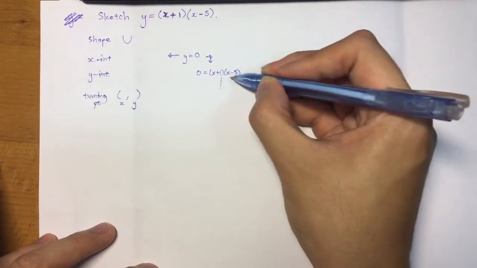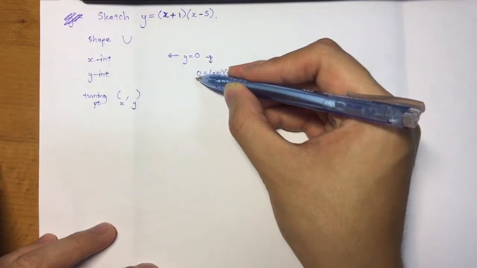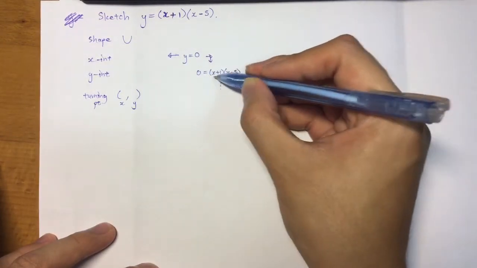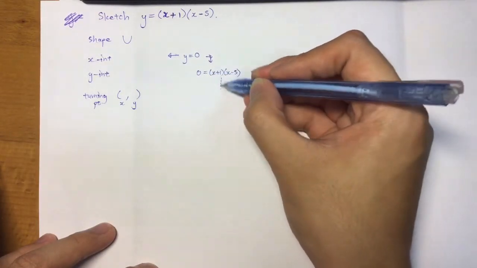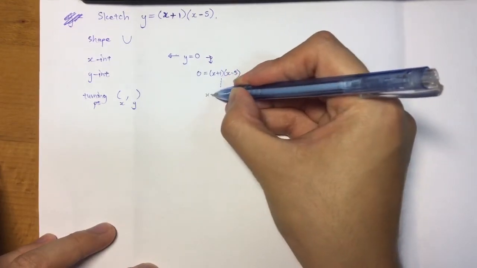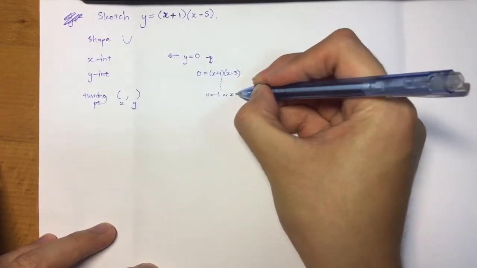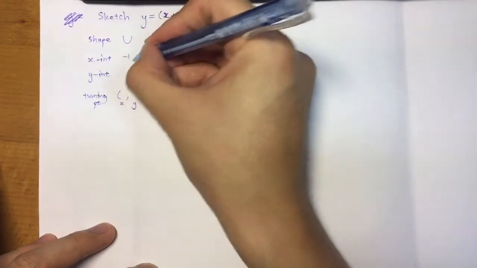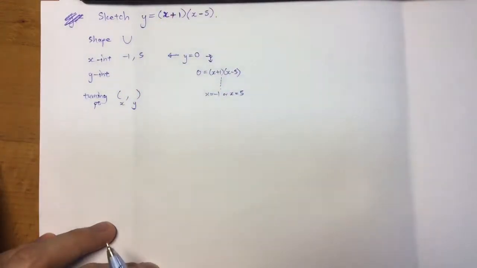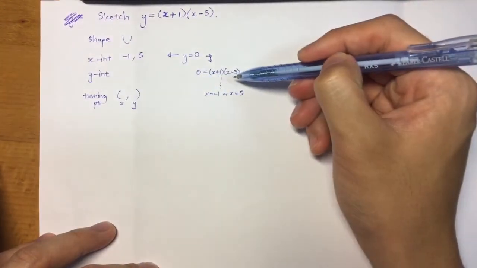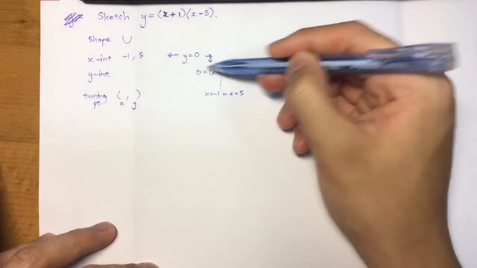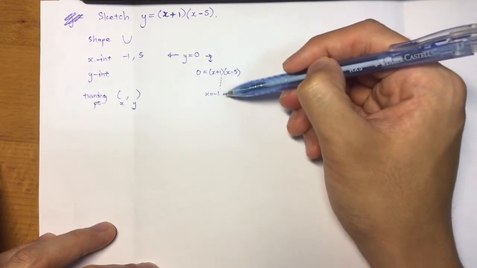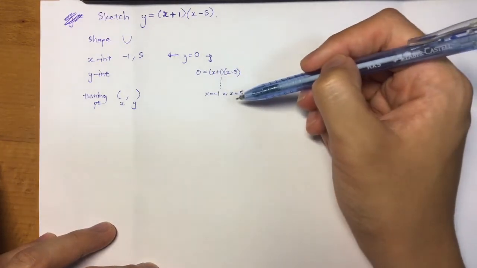We have two expressions multiplied to give me 0, so it must be that either one is 0. So long story short, I get x is minus 1 or x is positive 5. So my x-intercepts are minus 1 and 5. Revise your solving of equations and you can get this answer by the zero product principle.